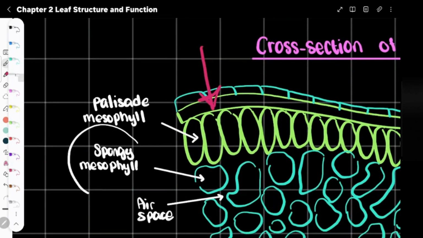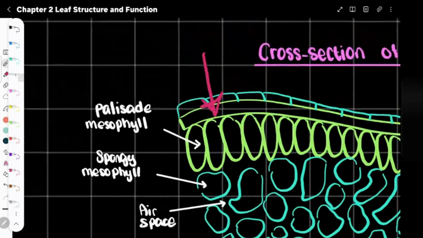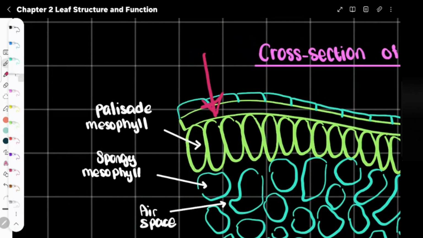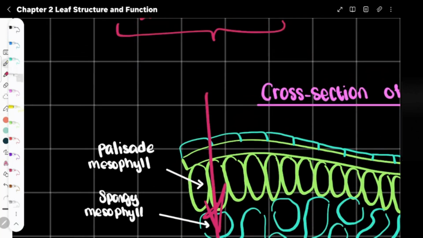Spongy, look here, this is the spongy. You can also use the same thing here. So now imagine it goes deeper. What goes deeper? The sunlight also can penetrate.